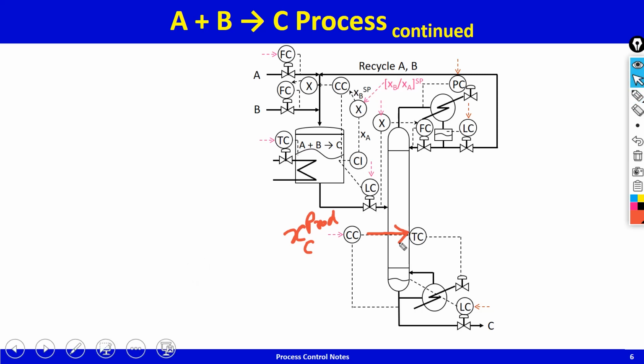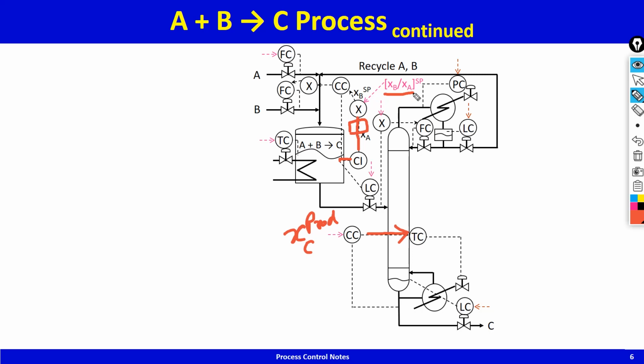and that's shown here. And let me explain to you what's going on here. What we are doing here is we are measuring the composition of A. So this is a composition indicator, giving the composition of A. There will actually be a lag here, which is not shown because we ran out of space, but there will be a lag here which will be a tuning variable. So this composition is multiplied by XB by XA set point, the B to A ratio in the reactor.